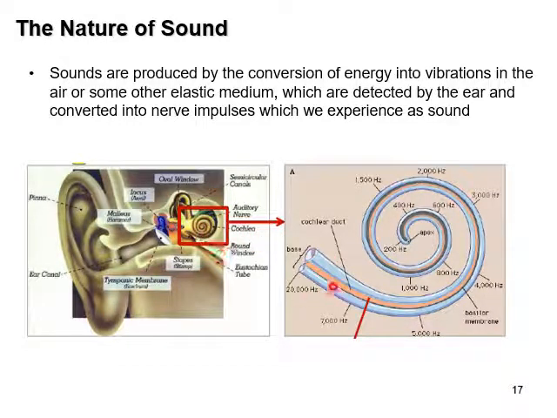The cochlea has a nerve. You see this orange thing? This is called the nerve. So what's the idea here? When the sound comes in, the tympanic membrane moves, and the movement of this membrane causes that nerve to move itself.